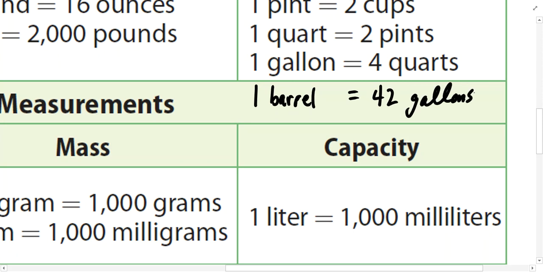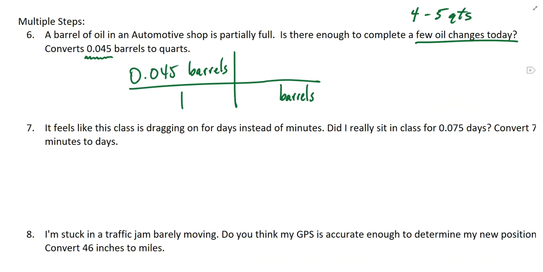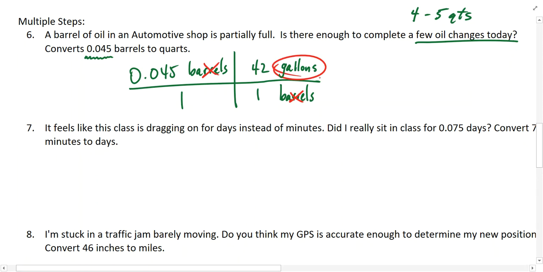Now, that doesn't help us tremendously here, but it does get us going in the right direction, because what I can do is convert barrels to gallons. I know that there's 1 barrel in 42 gallons. And through the process of the T-chart, I'll get barrels to cancel, but that means I'm left in gallons here.